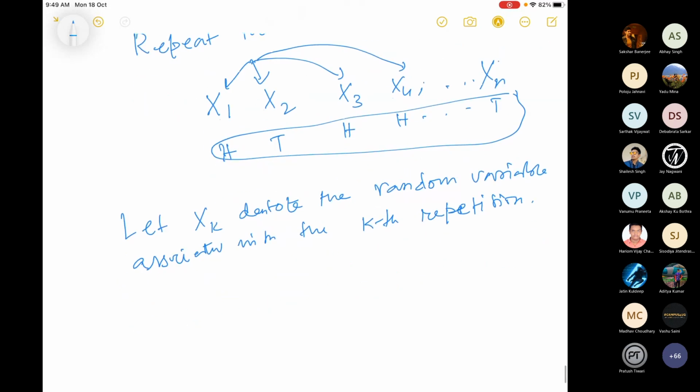Then you have this sample, this collection of random variables x1, x2, dot dot dot, xn. We will call this a random sample.